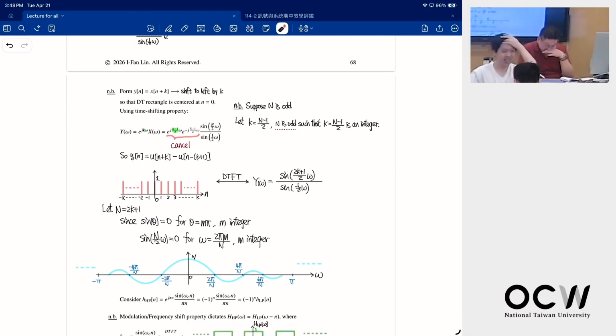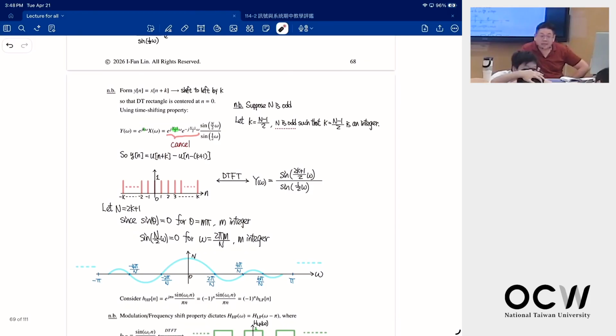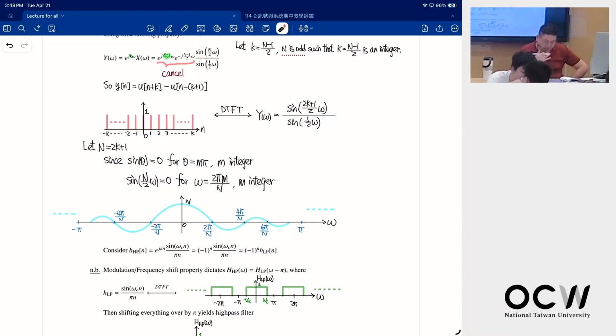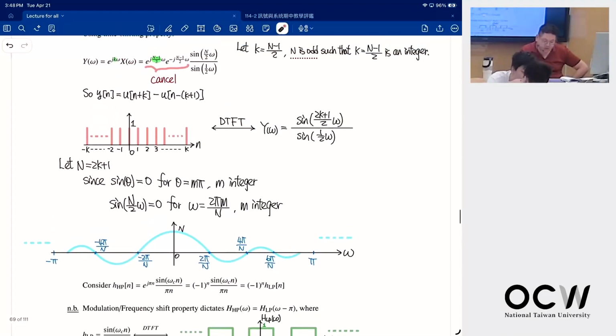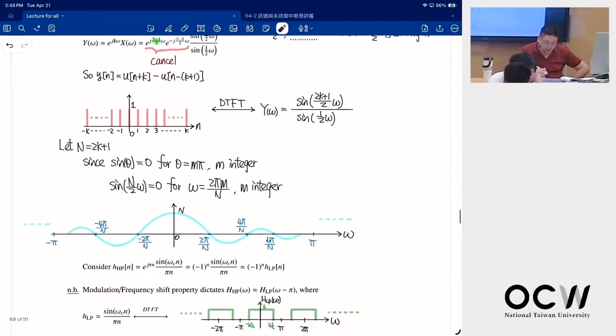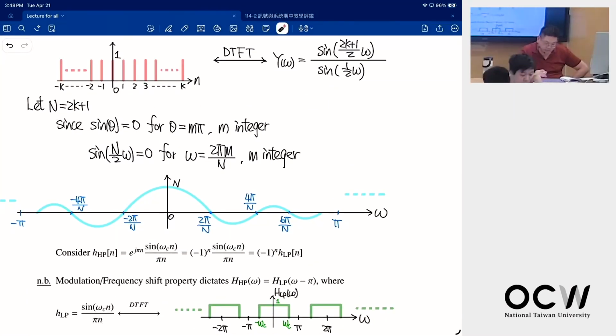For this Fourier transform, when will we use this? Last week we talked about the filter, the low pass filter and high pass filter. Okay, so for the low pass filter and high pass filter, actually they just shift. What do I mean by shift? The high pass filter is this. Actually, this is minus 1 to the n times that.